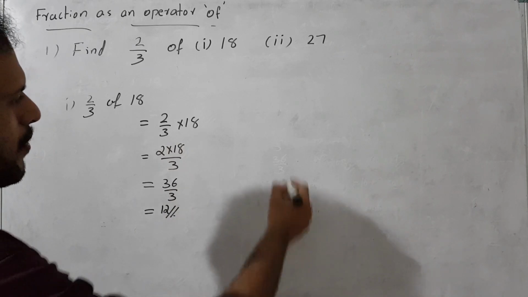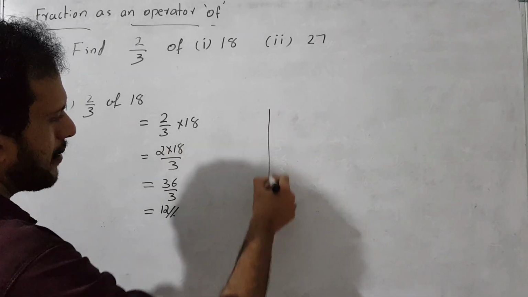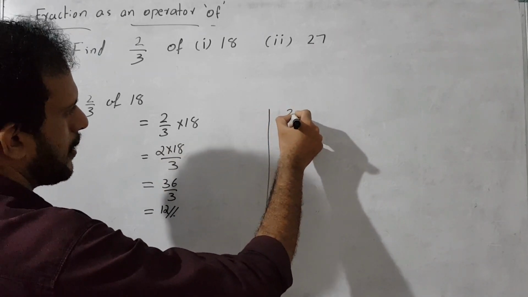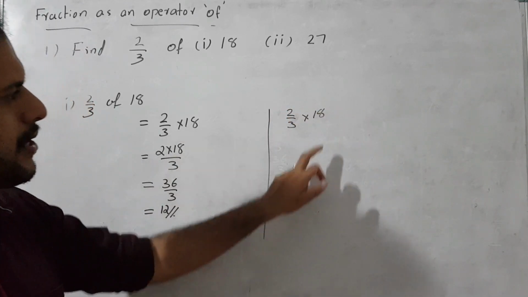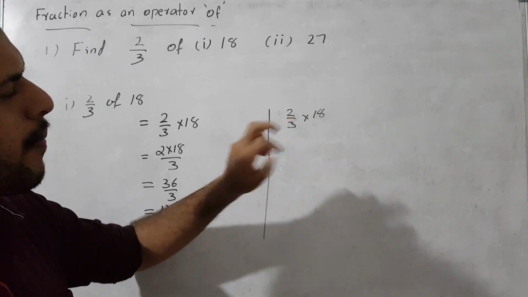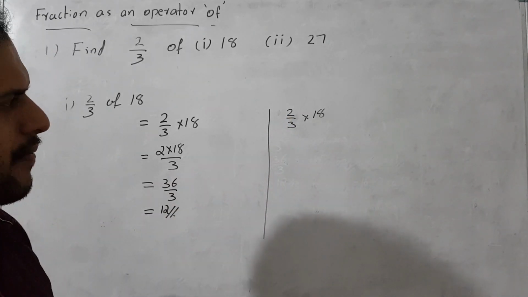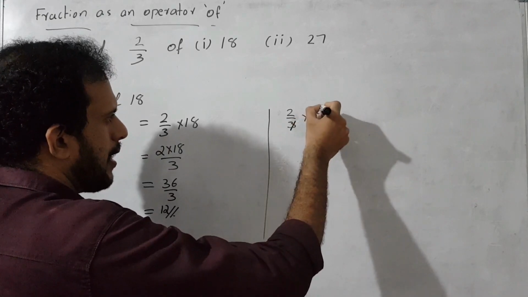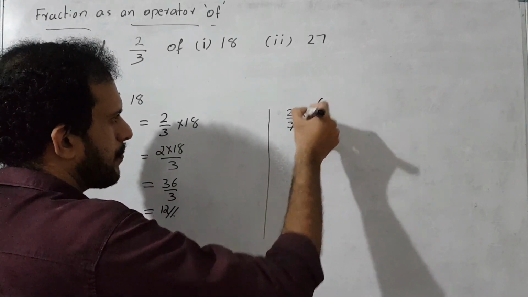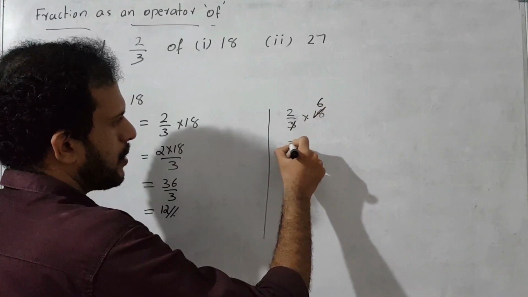Or otherwise, it is very easy. We do one more step like this: 2 by 3 into 18. Here, 18 is divisible by the denominator 3. Then it is possible to divide 18 by 3, which is 6. Then 2 into 6 is equal to 12.